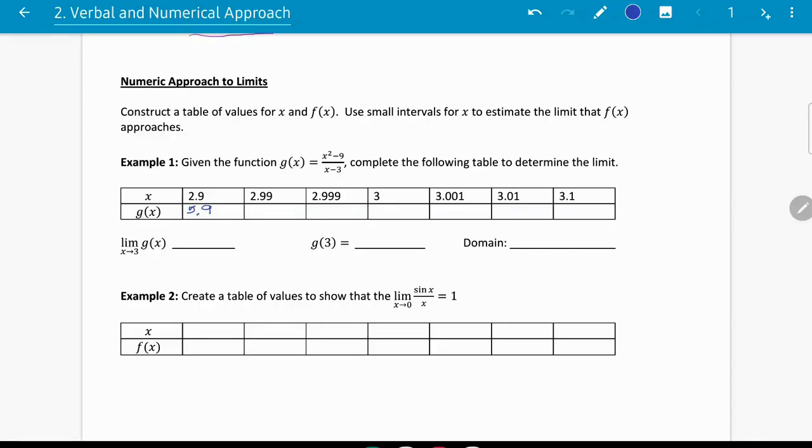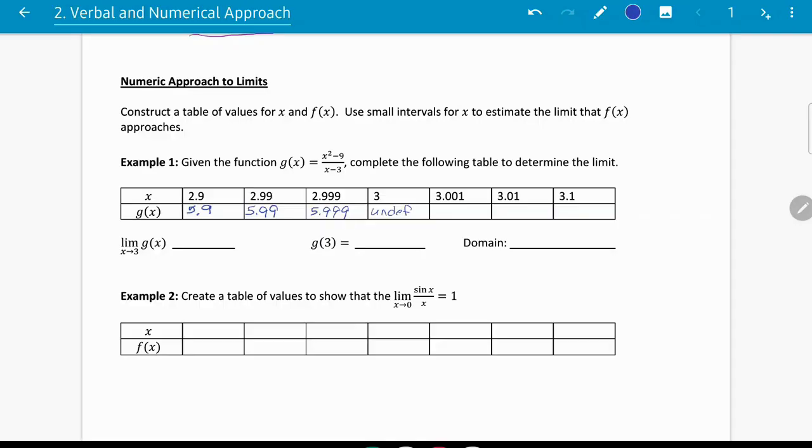If we plug in 2.99, we get 5.99. Plug in 2.999, you get 5.999. If we simply plug in 3, we get that the function value is undefined.